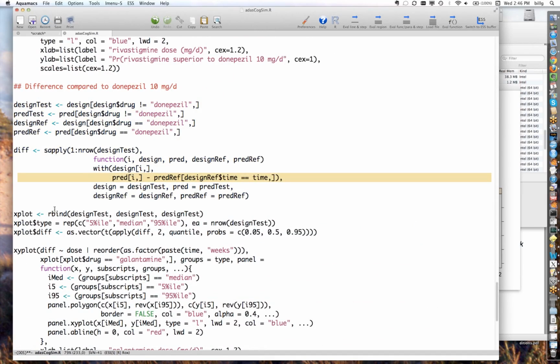It also means what comes out is a difference, because each time it makes this call, it generates a vector, not a single value. So the thing you get out, instead of being a vector, is a matrix. And I further process that to take a look at posterior medians and 90% credible intervals.